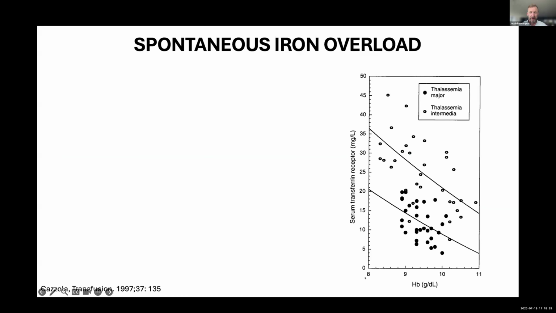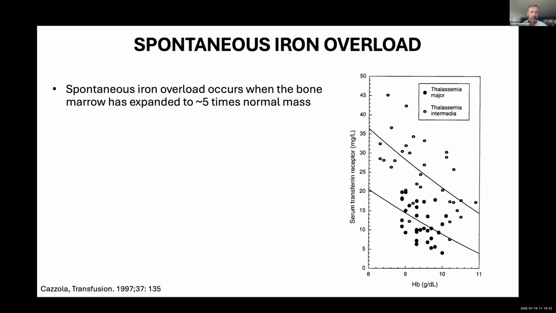So the lower your hemoglobin is, the greater your bone marrow expands, trying to make up the difference, and the greater your soluble transferrin receptor level gets. And you can see there's a slightly different curve here for thalassemia major and thalassemia intermedia.